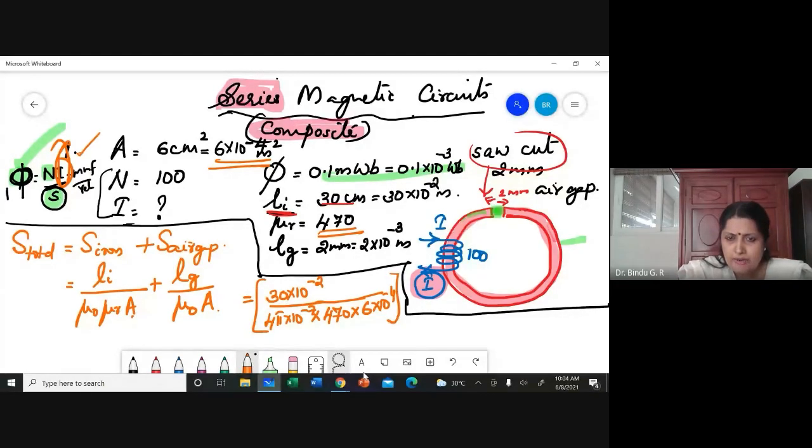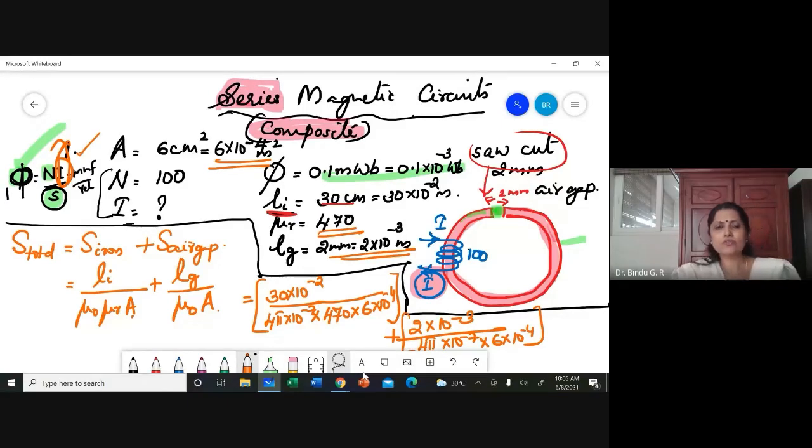That is of iron, plus Lg, which is 2 into 10 raised to minus 3, by 4 pi into 10 raised to minus 7, no mu r, into 6 into 10 raised to minus 4. I want you to find out these two separately.